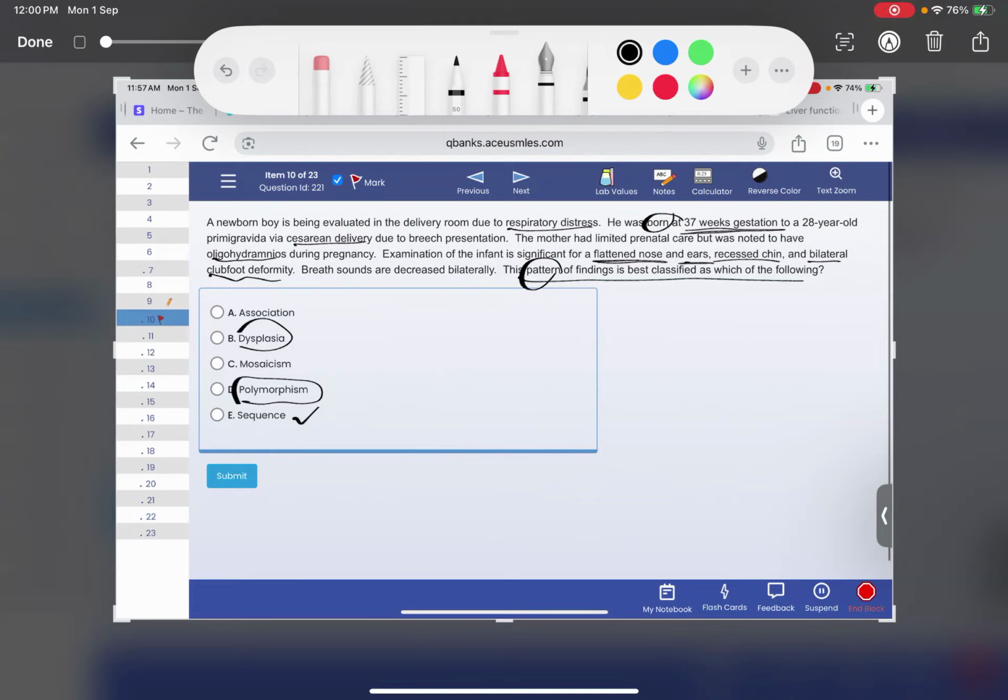So what about the other? What is mosaicism? I will simply explain this, I will not go into detail. We have mosaicism in Turner syndrome. The example is, some of the cells have 45X and some have 46XX.